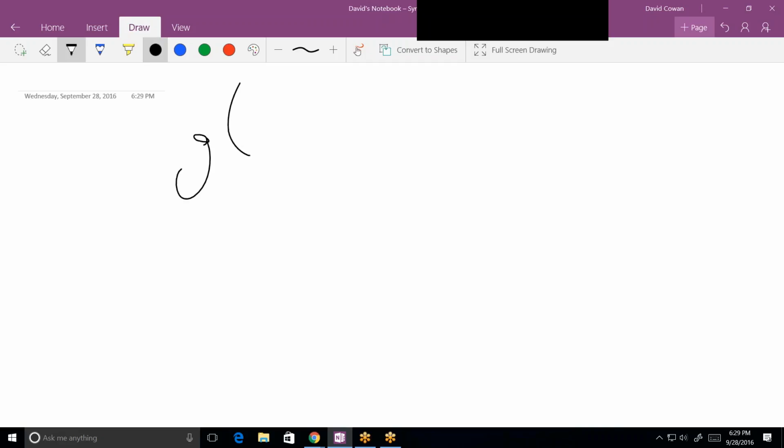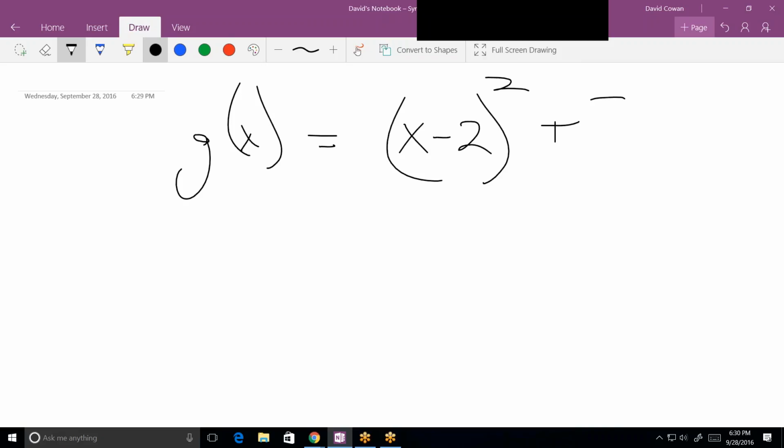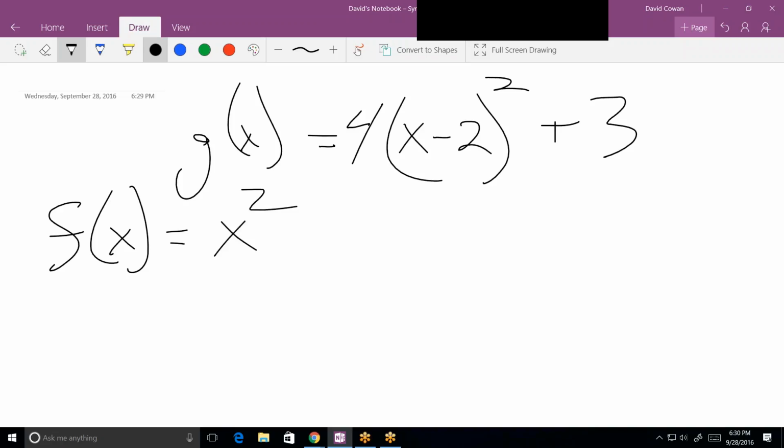If g of x is equal to (x minus 2) squared plus 3, all multiplied by 4, you've got a bunch of transformations going on there. First of all, what's the parent function? What is f of x? That is x squared. This is the parent function right here.